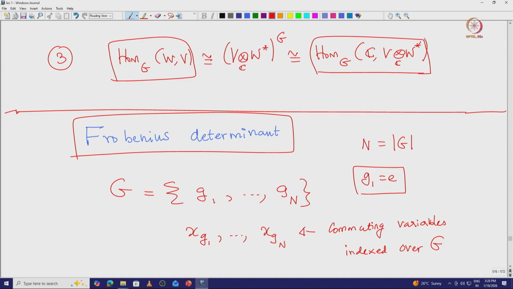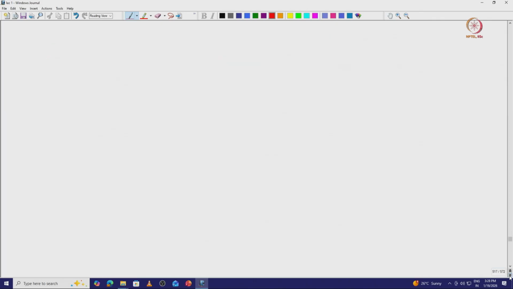So, how is the matrix defined? People actually use two different ways of defining the matrix. I will use the notation followed in this book of Etingof.